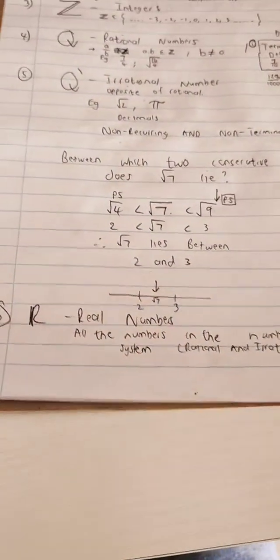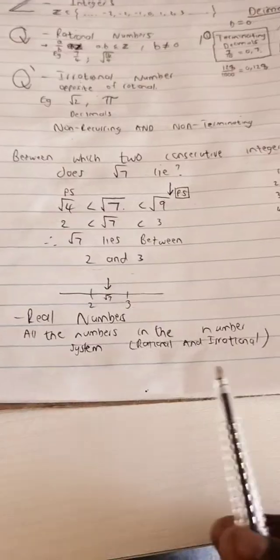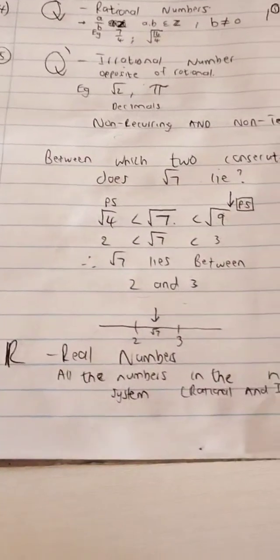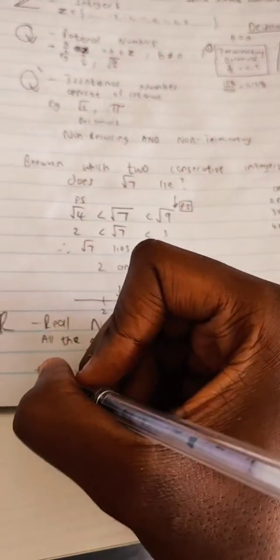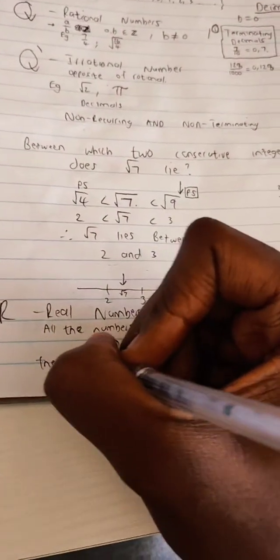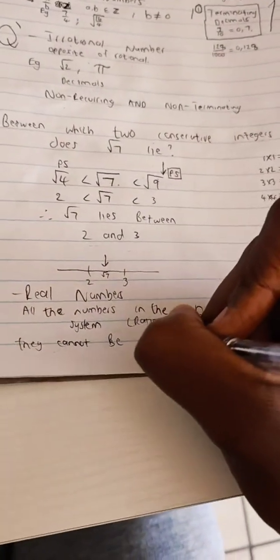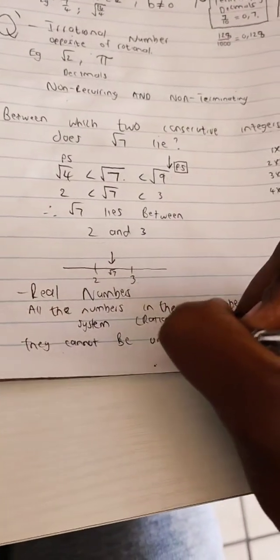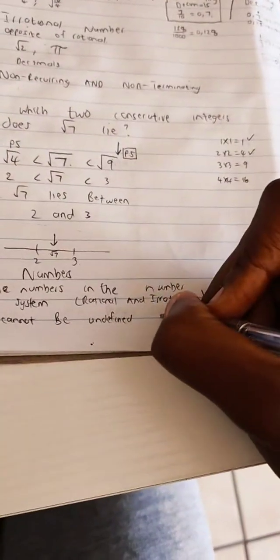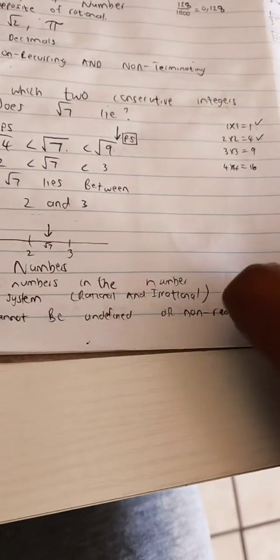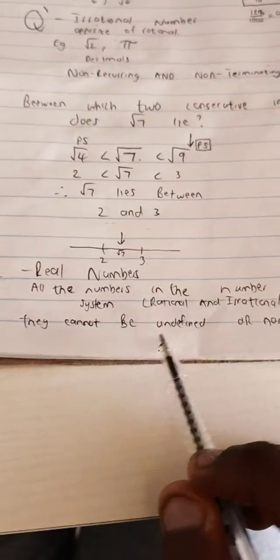Okay, does that make sense? They cannot be undefined and they cannot be non-real. Remember, undefined is a number divided by 0.